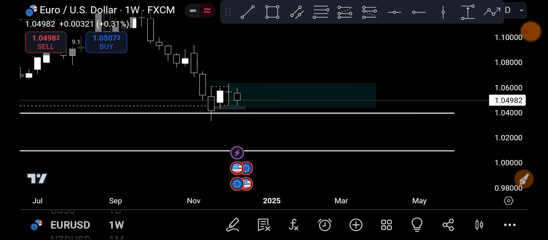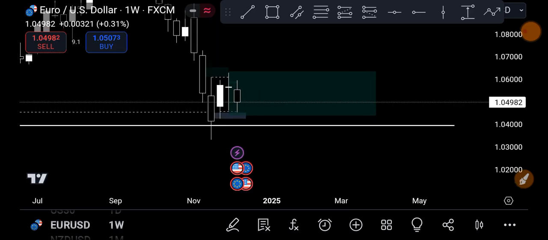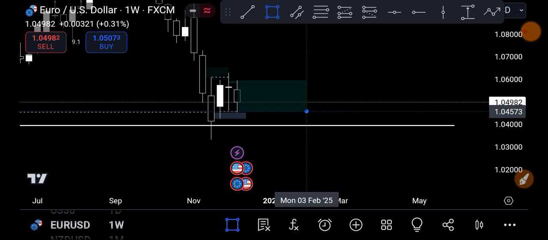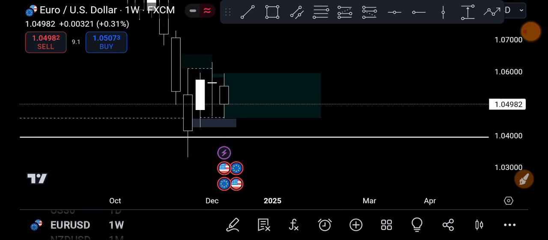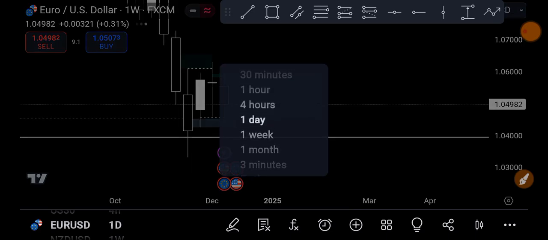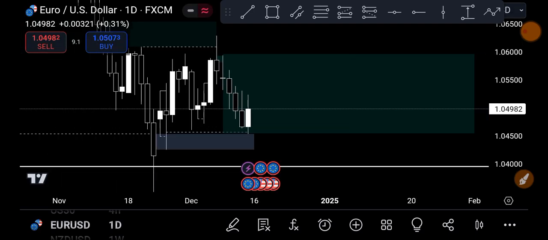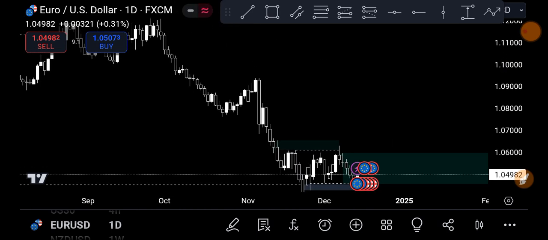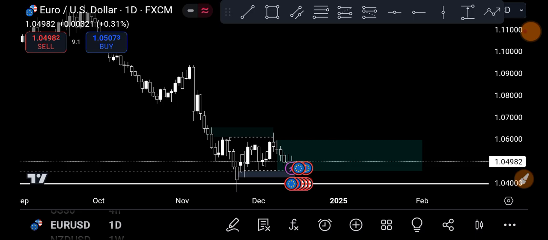So now let's delve into that weekly candle. I'll have to delete this, and then I'll mark this week. This is a new week, right? Good. So going into this week, we have to go into the daily time frame. In the daily time frame, once again, understand that every individual candle here represents a day.